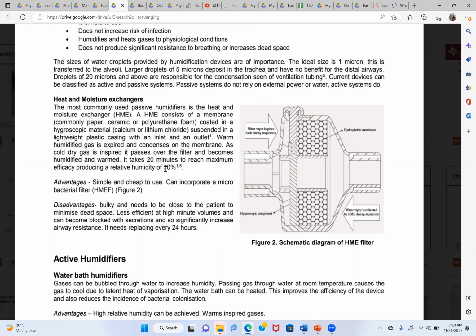It takes 20 minutes to reach maximum efficacy, producing a relative humidity of 70%. So this is the simplest way I can explain. One side is hygroscopic, receiving, and the other side is hydrophobic, giving. Simple and cheap to use, it can incorporate a microbacterial filter, which is the HME filter.